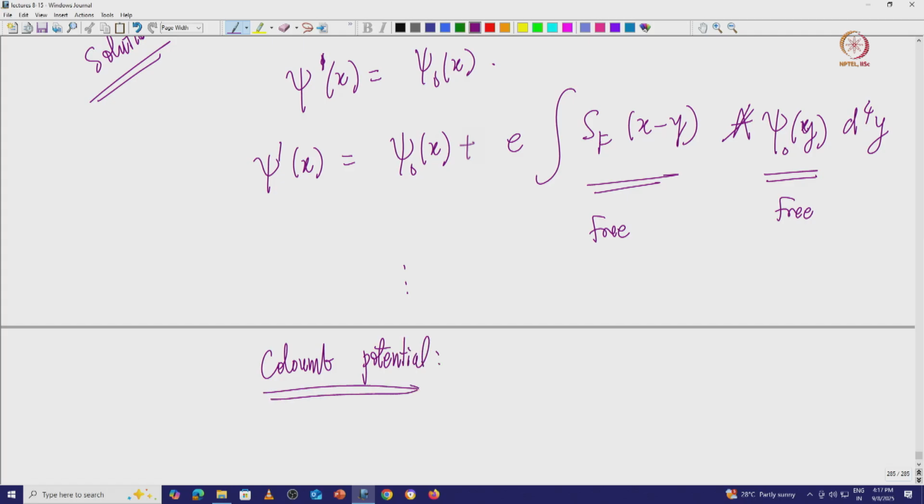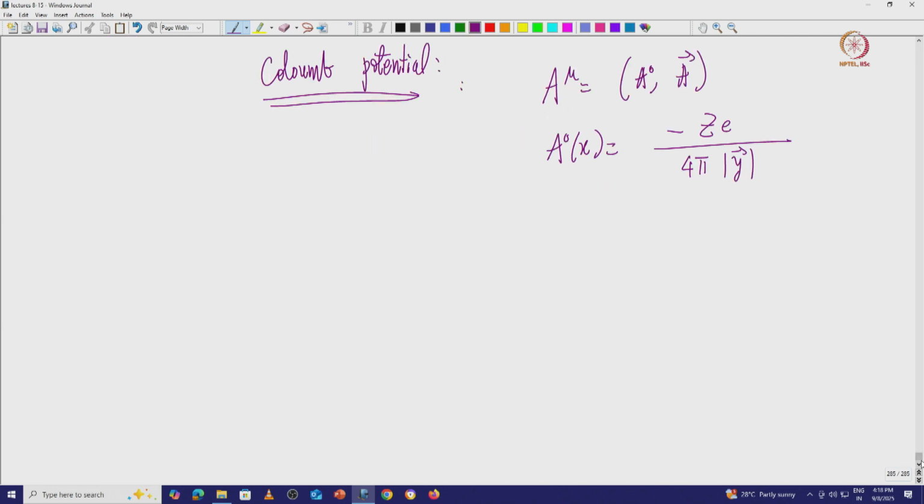If we have a Coulomb potential, A mu is A0, and A0 of x is equal to minus Ze by 4 pi mod x. Everybody agrees because that is nothing but your Coulomb potential.